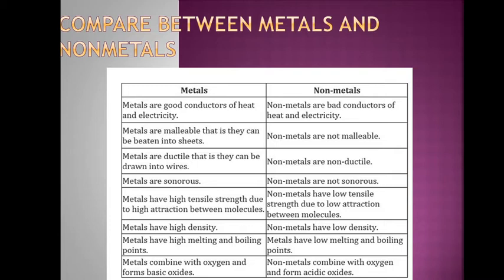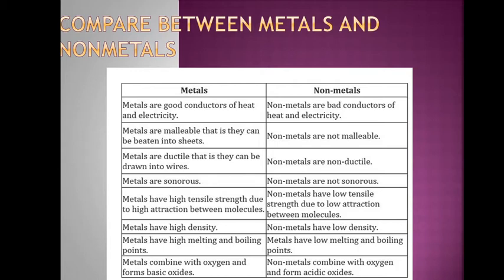And non-metals combine with oxygen to form acidic oxide, like sulfur dioxide, nitrogen dioxide, and carbon dioxide. All these are non-metals. When they combine with oxygen, they form acidic oxide.